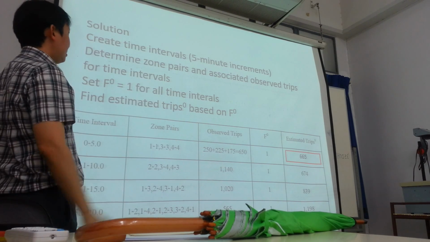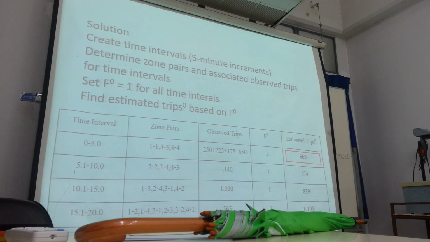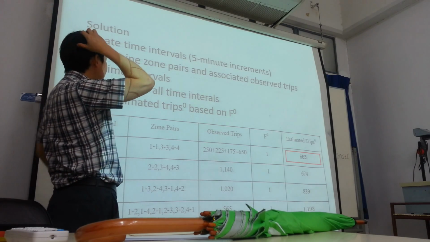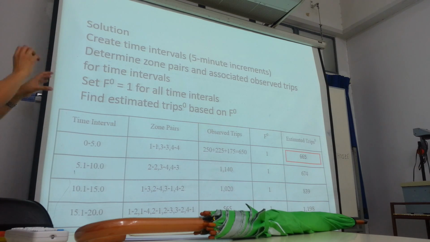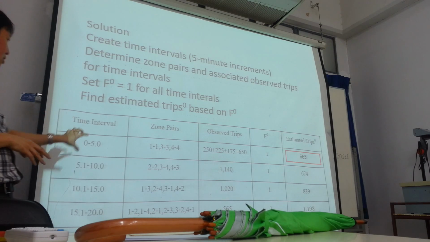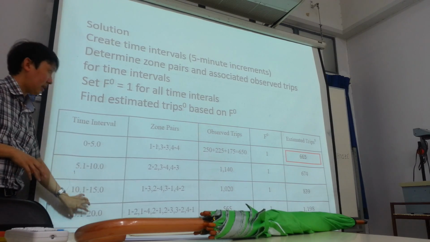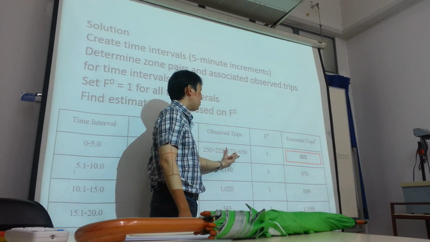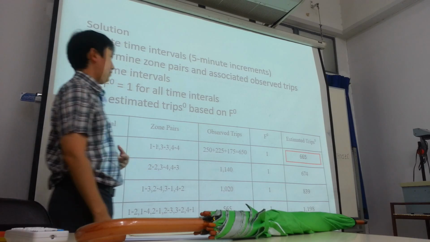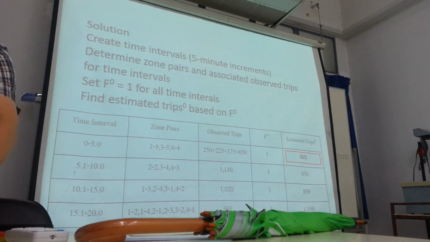We say 5-minute increments, beginning at 0 to 5, 5 to 10, and so on. Then determine the zone pairs from the base year data, meaning which zone pairs belong to each category, and note down the observed trips from the base year trip interchange. So this is the first step of the assignment.